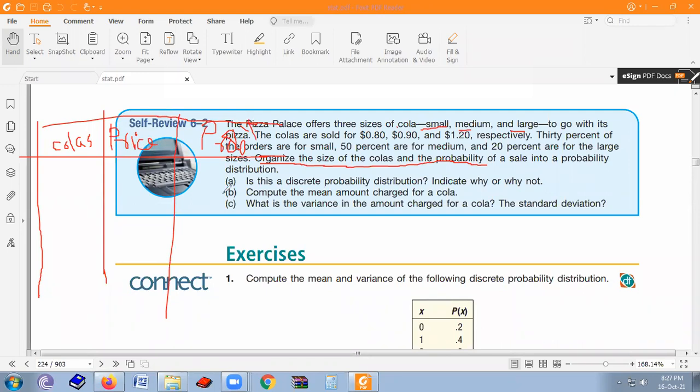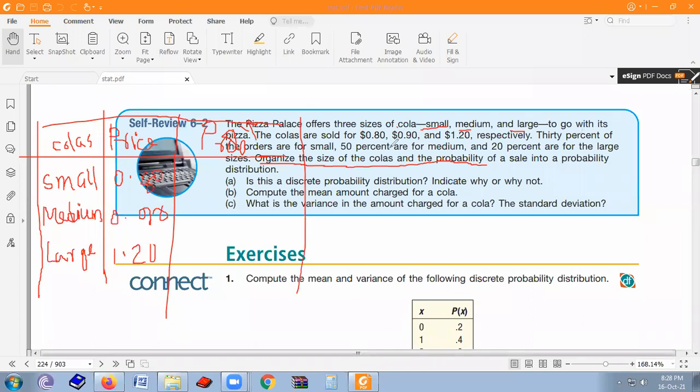So there are 3 kinds of colas. First one is small, second is medium, and third is large. And price is 0.80, 0.90, and 1.20.